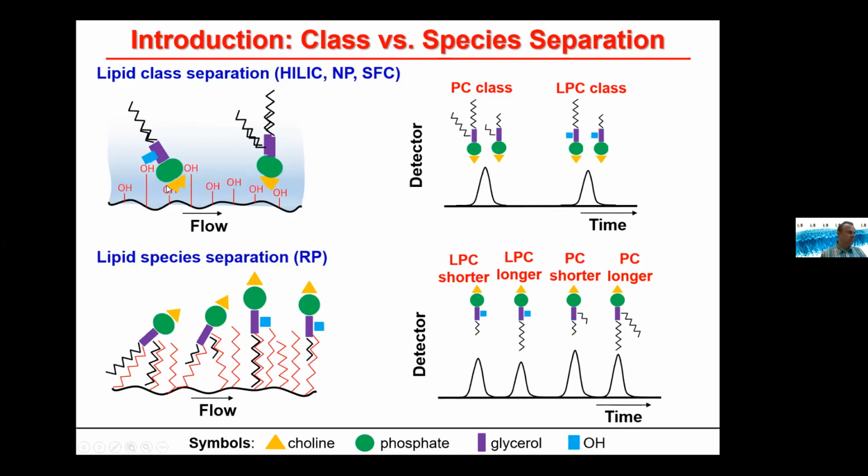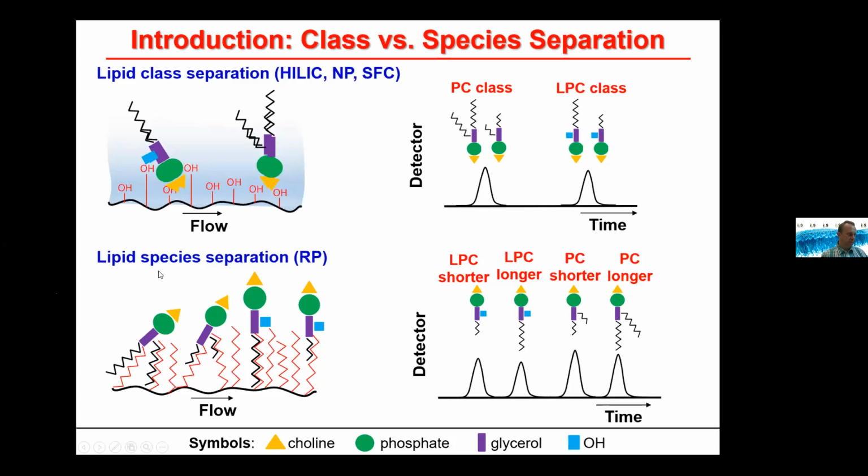So basically these are polar interactions: more polar groups, stronger retention. The effect of fatty acyl chains is very small to negligible. So you obtain individual classes separated in single peaks, but of course there is some minor in-class separation as well, which will be shown later on.